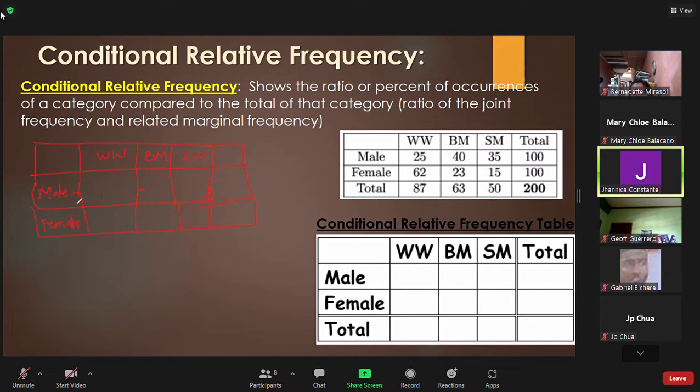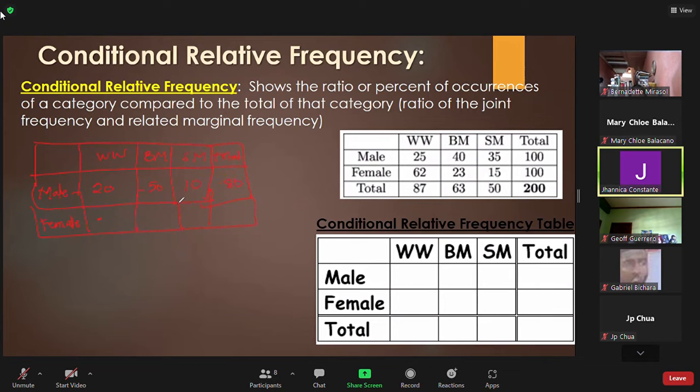Let's say for male, we have 20, then 50, and this one is 10. So the total number in the row for male is 80.